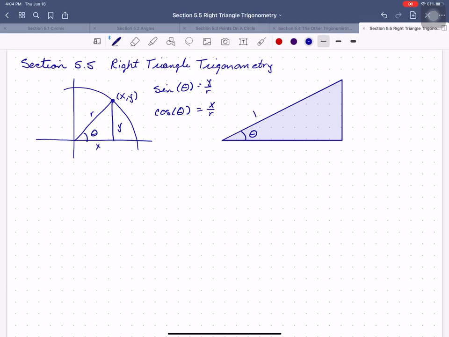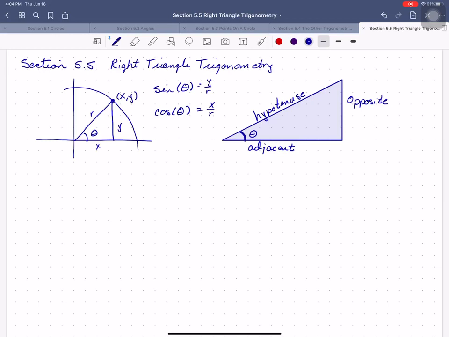We realize that the radius is where the hypotenuse is. And we call the side that our angle looks at the opposite side. And we call the side that would correspond to our initial side, or our positive x-axis, or the side that is actually part of defining that angle, the adjacent.